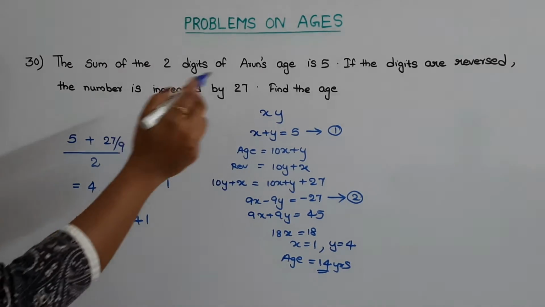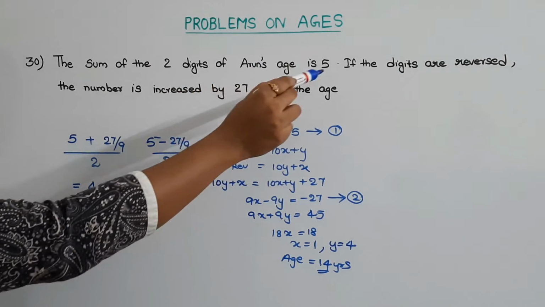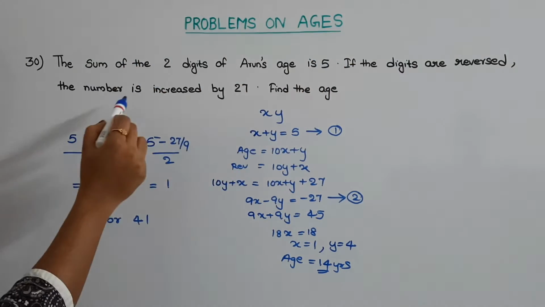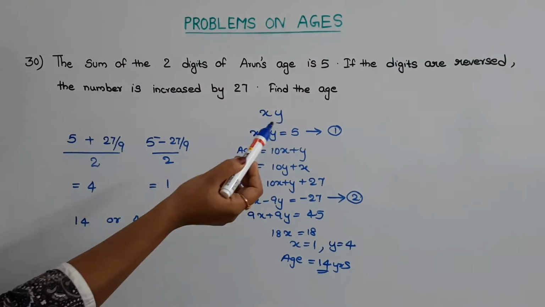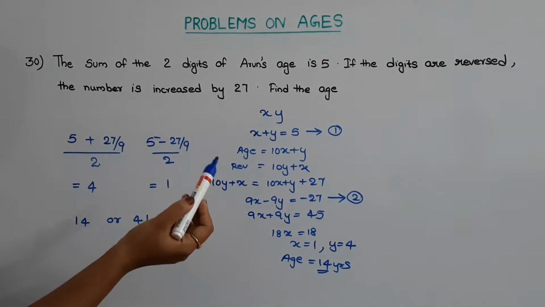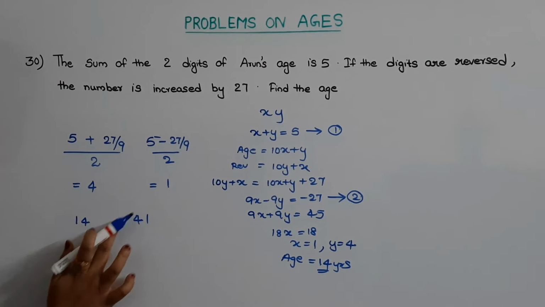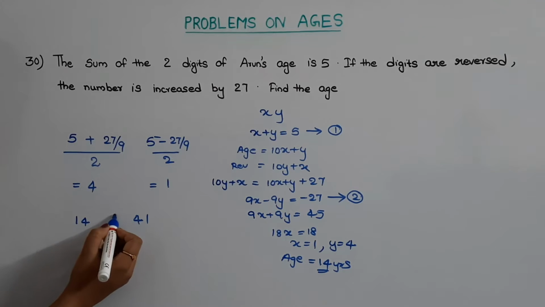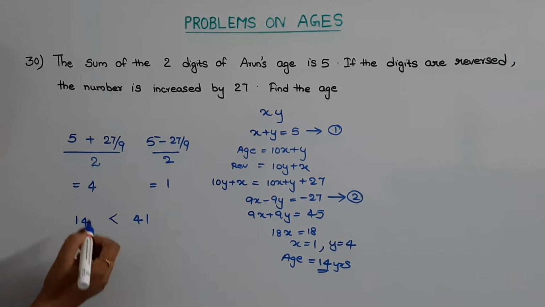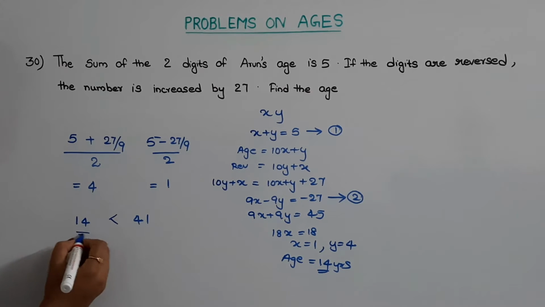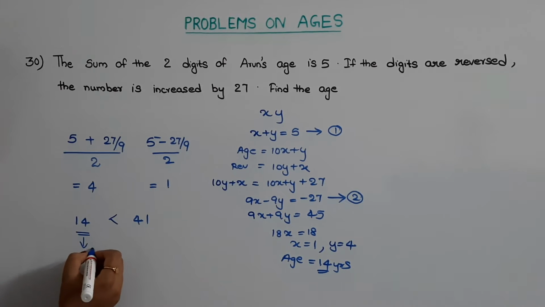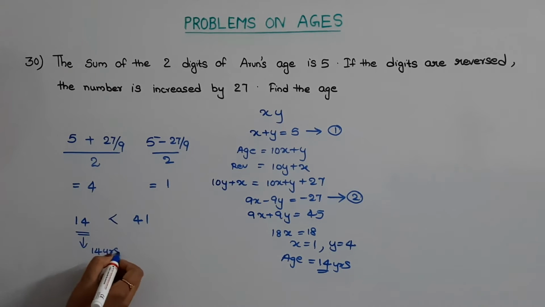But in the question they have given that when the digits are reversed, the number gets increased. So when the digits are reversed, the number is a greater value. After reversing, the greater value is 41. So the age of the person will be 14 years, which is the initial value.